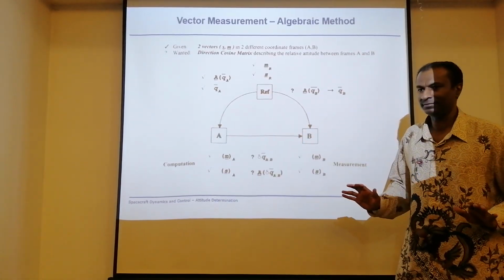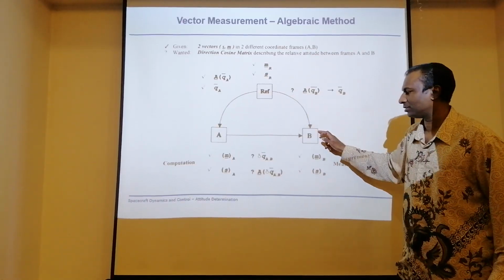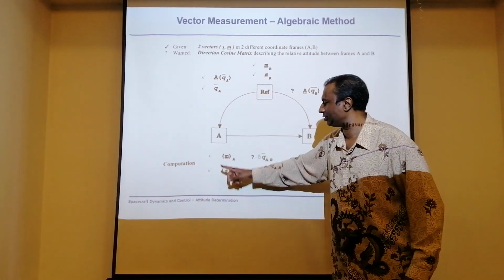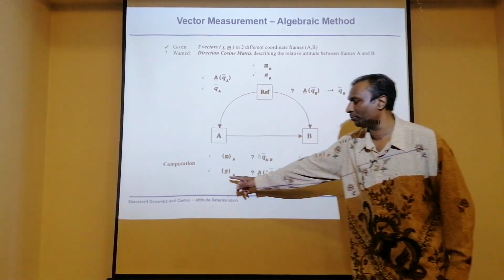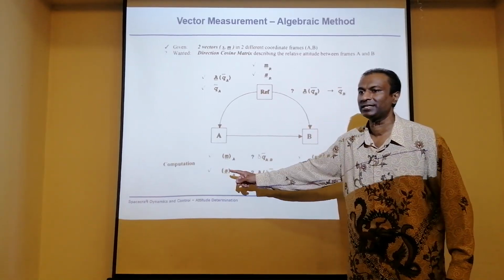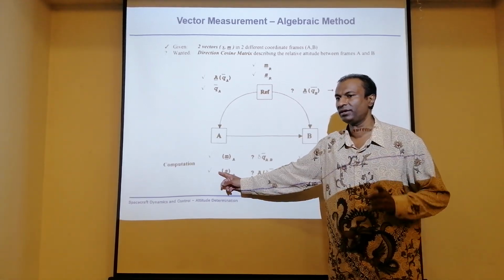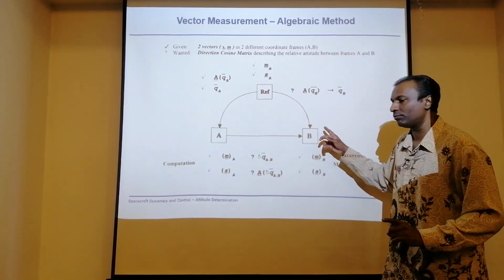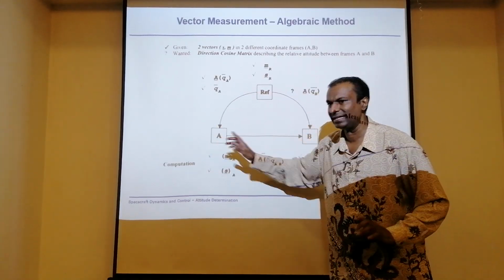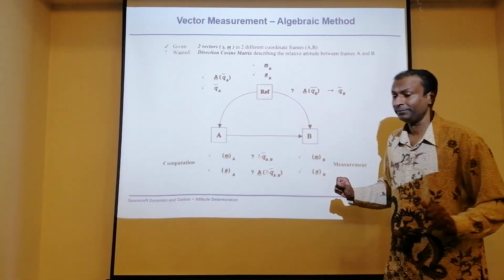That's all it is, the attitude information. Whatever is measured, this can be computed. How can this be computed? This is a transformation. You have a rotation matrix, and you should be able to rotate from one axis to another axis. It's easy.